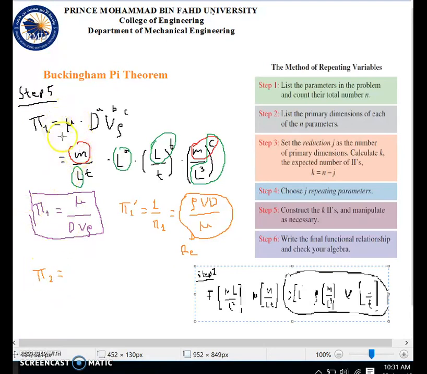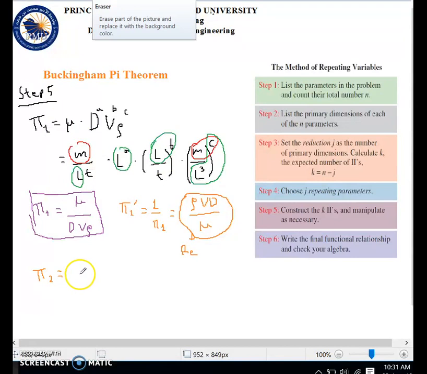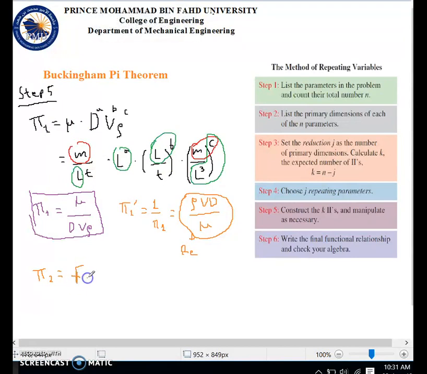But now, instead of using μ, we are going to use the force F. So pi 2 will equal F times the 3 repeating parameters d, v, ρ, to the power of a, b, c.